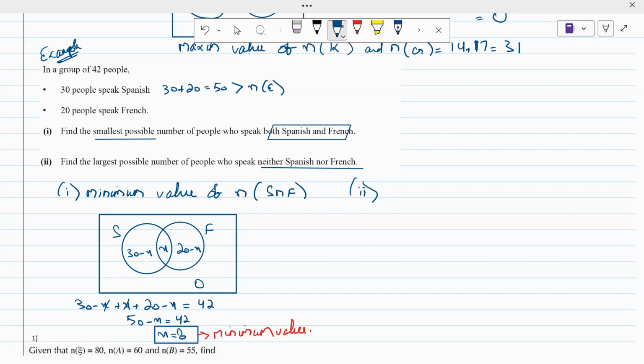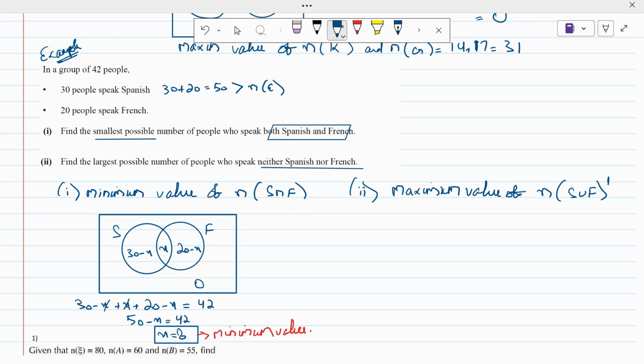Neither Spanish nor French means, in a way, this is the maximum value of neither Spanish nor French. This is n of S union F whole complement. So neither Spanish nor French means the elements outside both the sets.